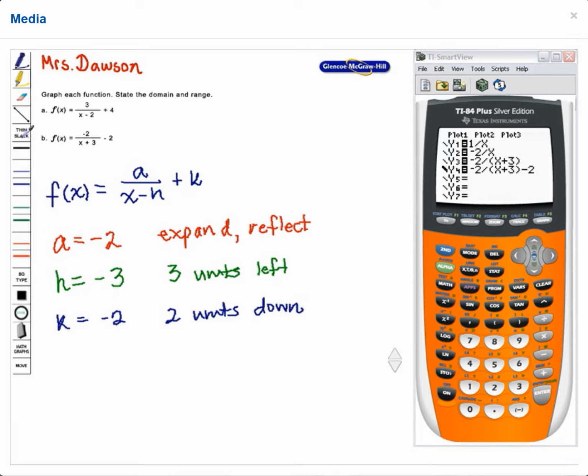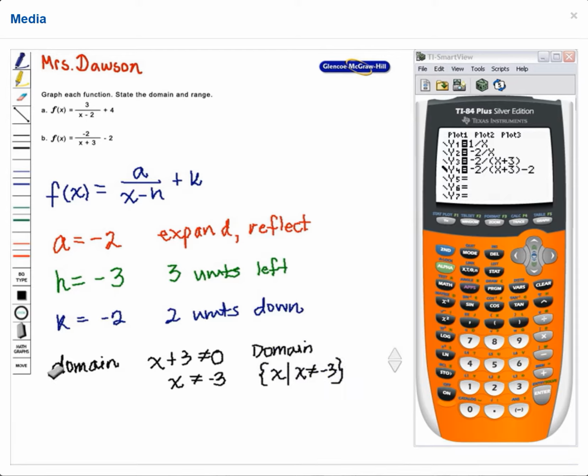The domain we'll identify by noting that x plus 3 cannot be equal to 0, which means x cannot be negative 3. The domain for this function will be all values of x such that x is not equal to negative 3.